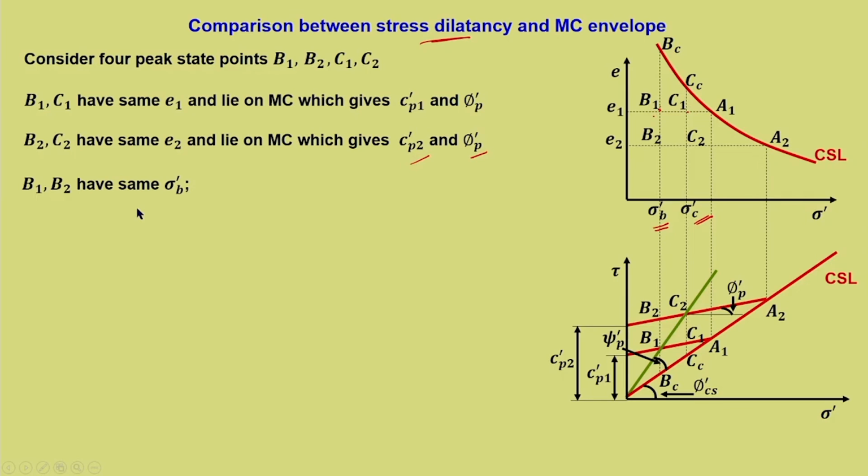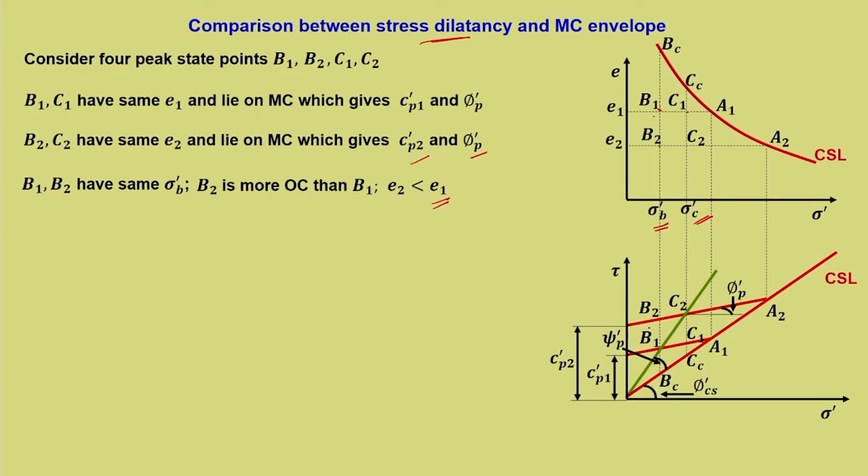B1 and B2 have the same sigma dash B. These two points have the same initial stress condition, but B2 is more OC than B1. You can see that it goes down and has to come back, so this much allowance is there. So B2 is more OC than B1, and e2 is less than e1. These are the two important conditions.